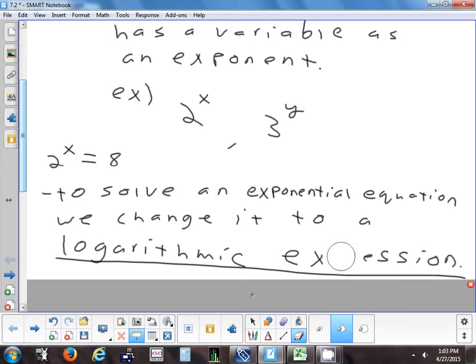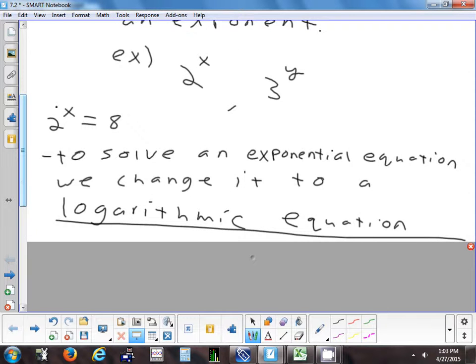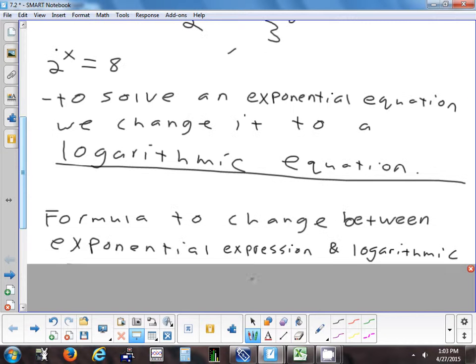And to solve it, we're going to change it into what's called a logarithmic equation. So we're going to be converting between these two types of equations, an exponential equation, which looks something like this, and a log equation. And there's a formula for how we change one to the other.